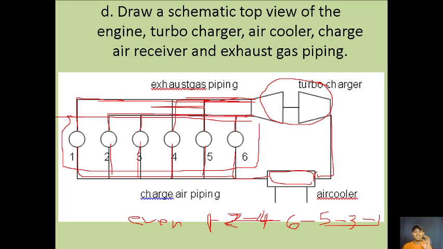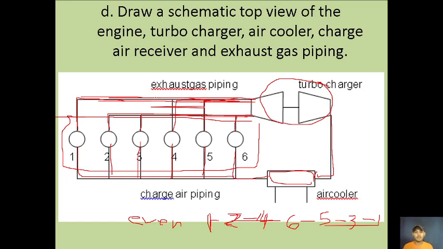So as you can see, there is an alternate manifold for every firing order. So 1, 4, and 5 are on one exhaust manifold, and 2, 6, and 3 are on the other exhaust manifold. It means that every firing of a cylinder, one very short and narrow pipe exhaust manifold is supplied with exhaust.